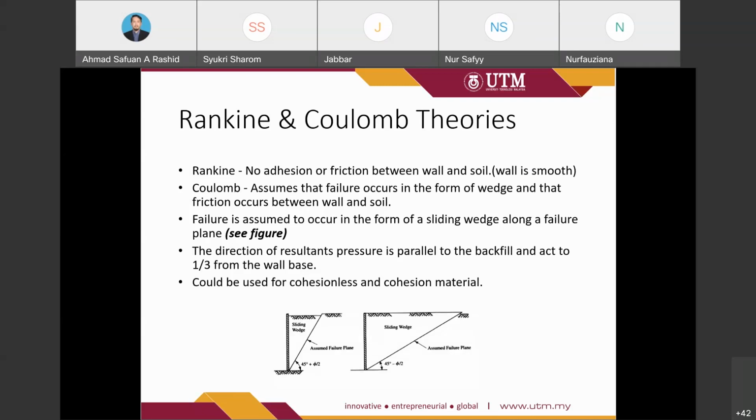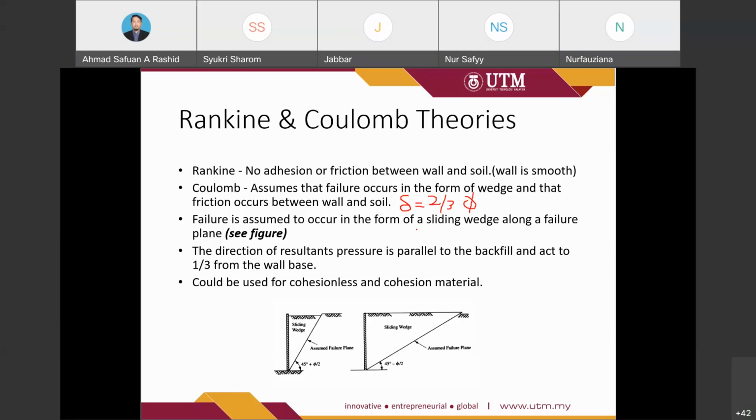The friction between wall and soil is calculated based on the delta value. Normally we may consider 2/3 of the phi value, so it should be less than the phi value for the friction between wall and soil.